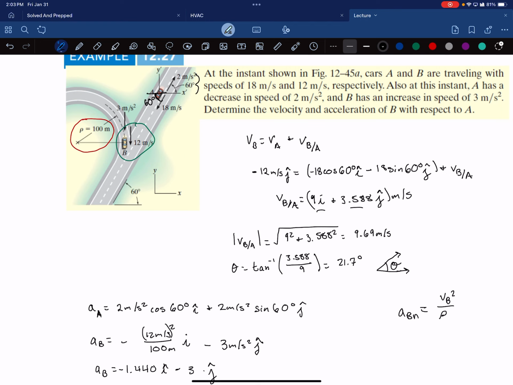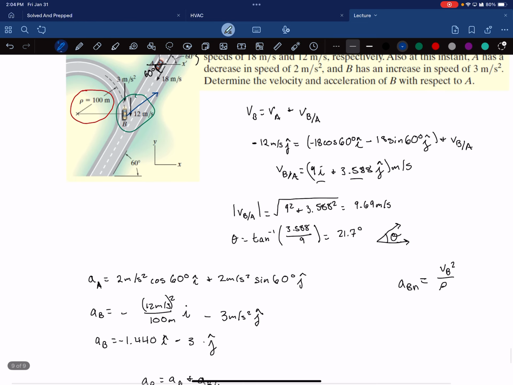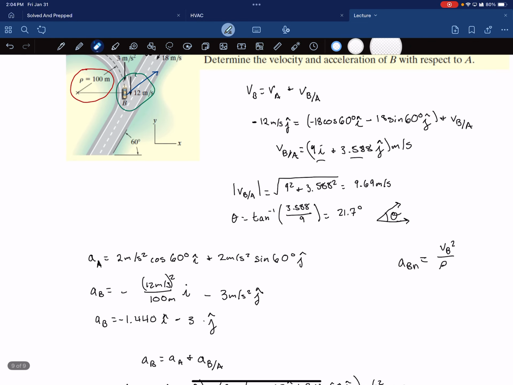So that angle is basically the angle of travel of car B, as if you were looking at it from car A. It's kind of difficult to draw, but if you drew a diagonal line going through B, it would be going like this way, I guess.